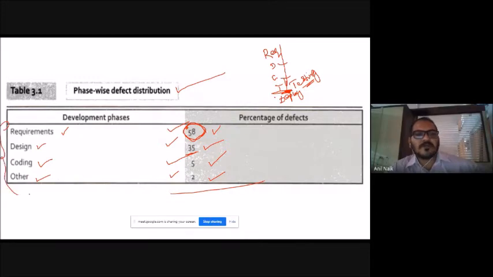So this is the defect distribution. If defects arise in the requirements, we have already completed all the designing, coding and all, and you see here around 60% of the defects are in the requirements. So again you need to modify the designing and coding. So it consumes a lot of effort, time, and cost.